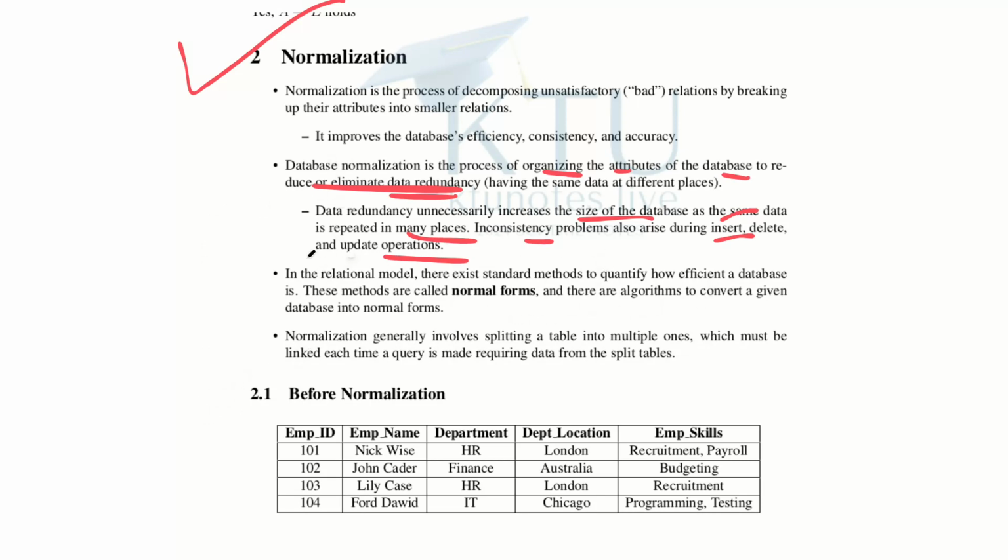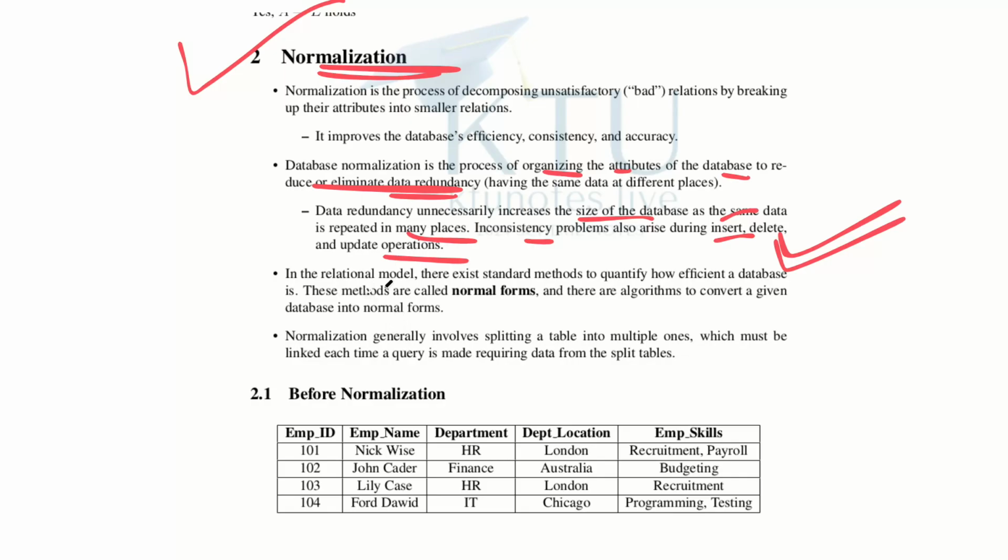In order to prevent this, and to solve the issues related to data redundancy, that is the inconsistency which occurs because of insertion, deletion, updation operations and all, we do normalization.